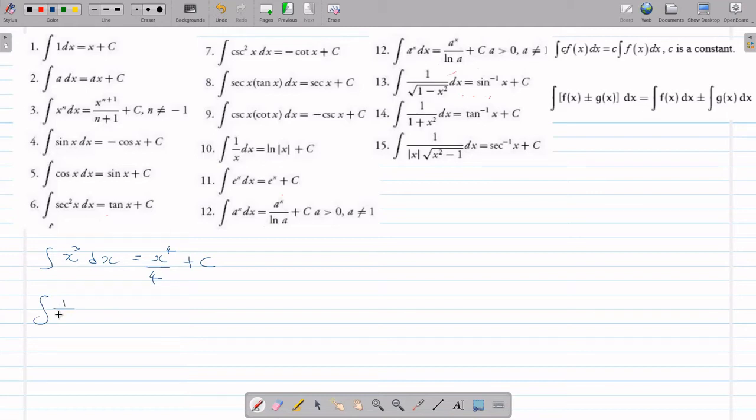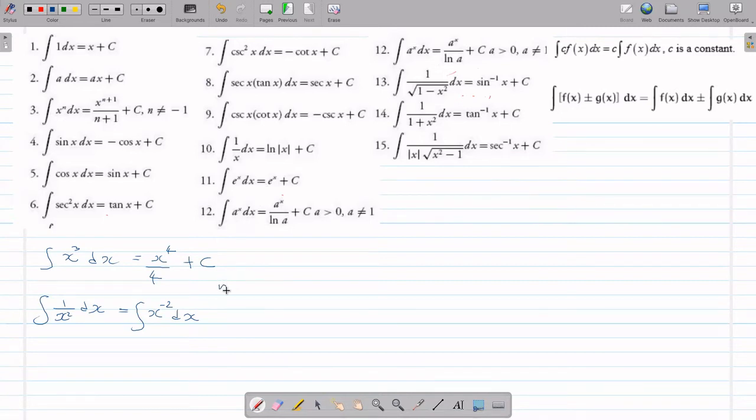And if I have x to the 2 dx, now I have to compare this with the x^n form. So like with differentiation, I can take this up and say x to the negative 2 dx.